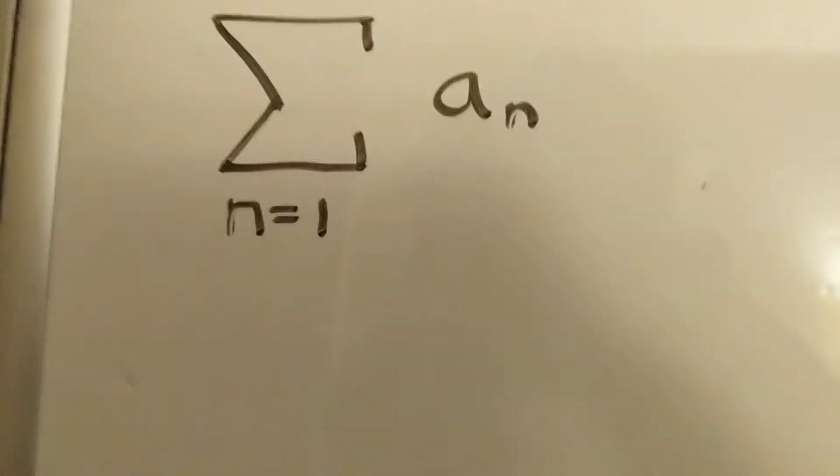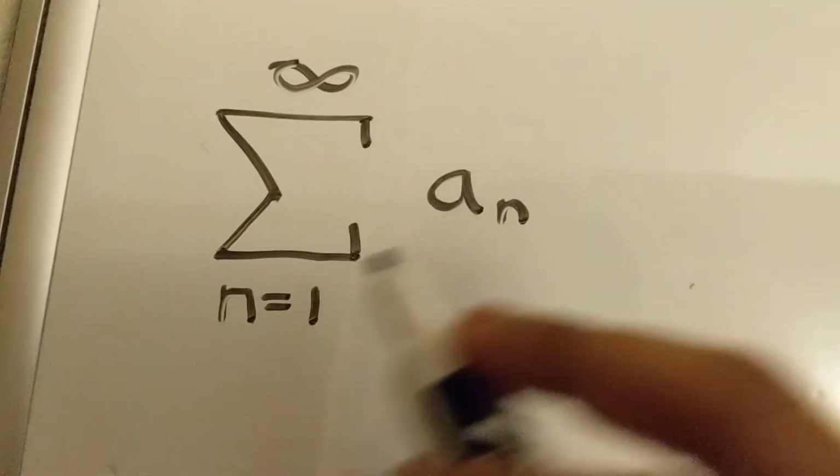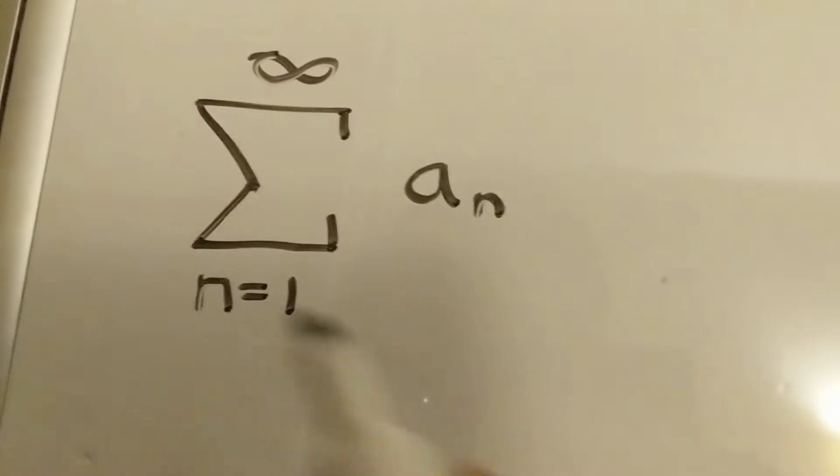Say we have a series, the sum of a of n, where n equals 1 going to infinity. Let's say we want to find out whether it diverges or not.